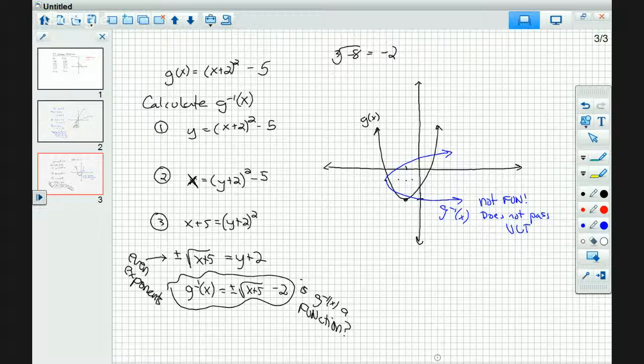Okay, that pattern does not hold. It's a good thought. On quadratics, it does.